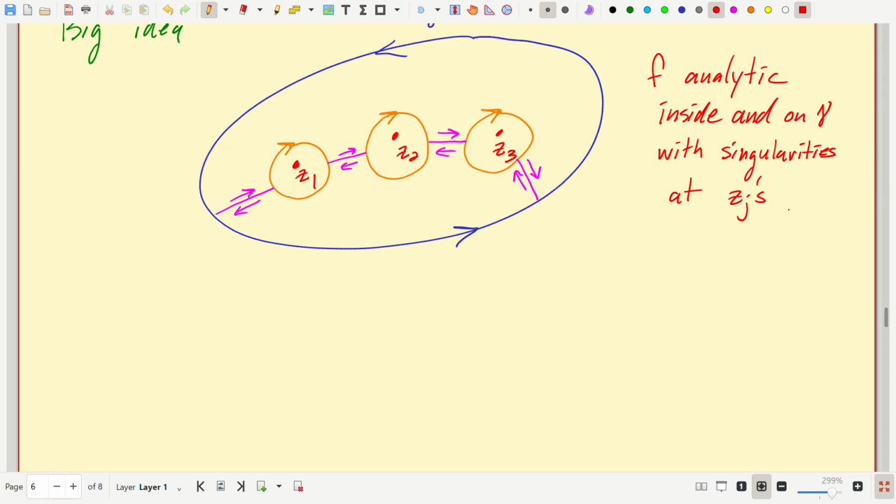Then when I add up those integrals, I get a top half and a bottom half. And when I add them up, I would get the integral around the top half plus the integral around the bottom half of f dz. When I add them up, I'd get the blue part.